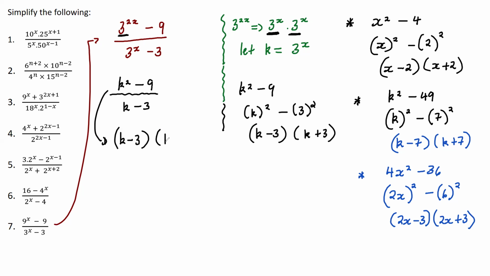And so now I'll have all of this over k minus 3, eventually gone, and I'm left with k plus 3. But hold on, stop the bus. What did we say k is? It is 3 to the power x, eventually plus 3. The question said simplify. So that becomes your answer: 3 to the power x plus 3.